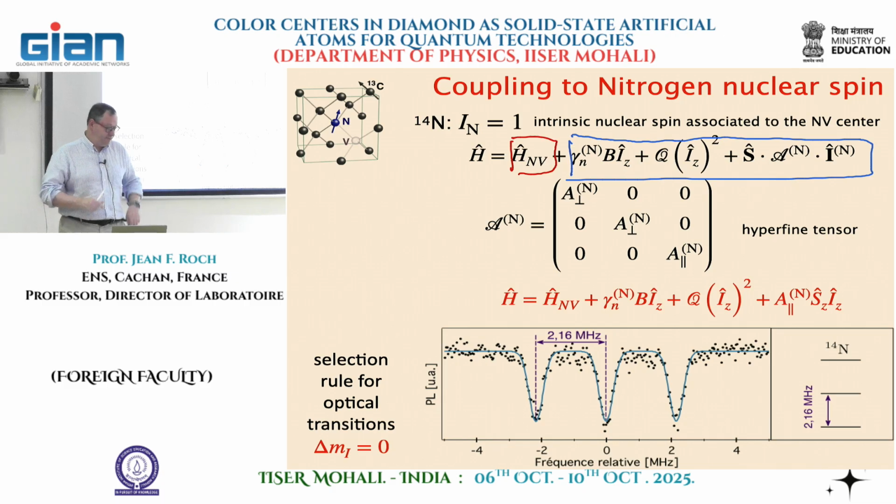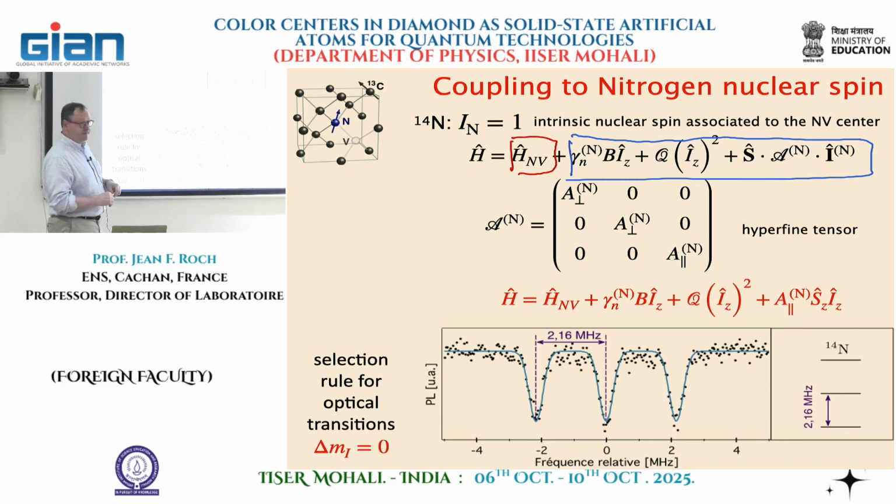If it's 1/2, you do not have that term. For spin 1, you have this term, but that can be integrated in the full Hamiltonian, as we will see. It's just a shift of all these levels.